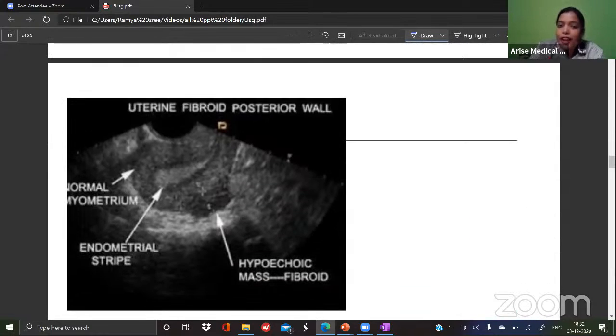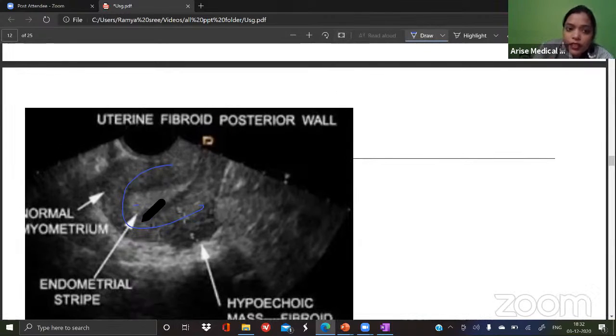Another important one is fibroid. So this is a uterus. Can you see this is the myometrium and this is the endometrium? In the myometrium, posterior wall, you're seeing a mass.